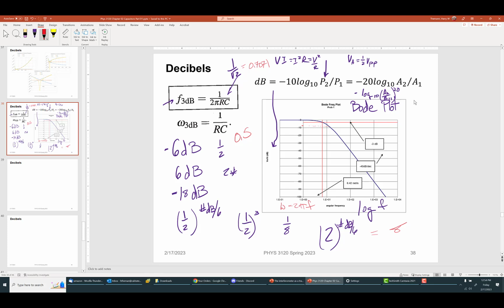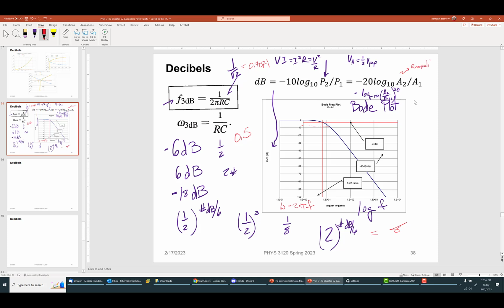They wanted that to be 0. And then we measure voltage peak to peak, and A stands for amplitude.